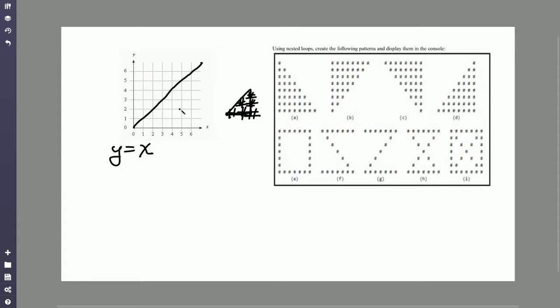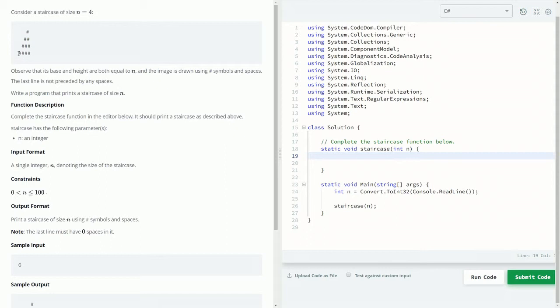Now that we have our line, we want to describe not just a line but an area in this case. We want the area below the line, and then we also want the line included, because if you remember back to our picture, we can see that the diagonal right here is included.